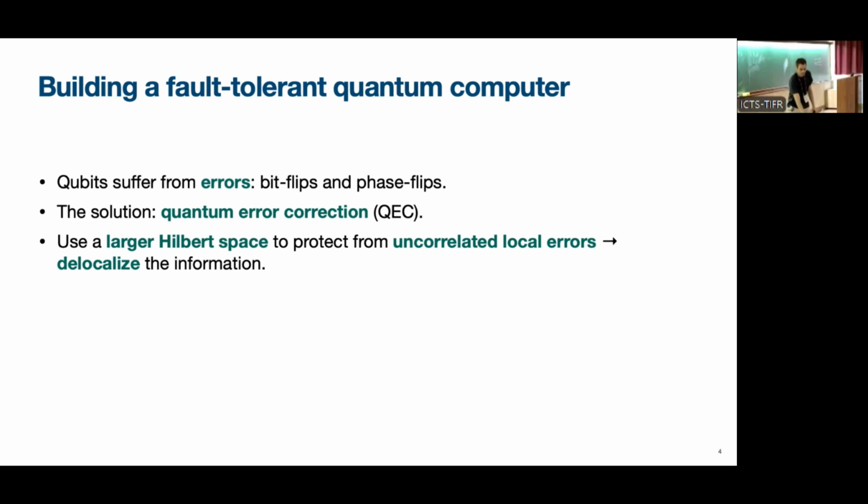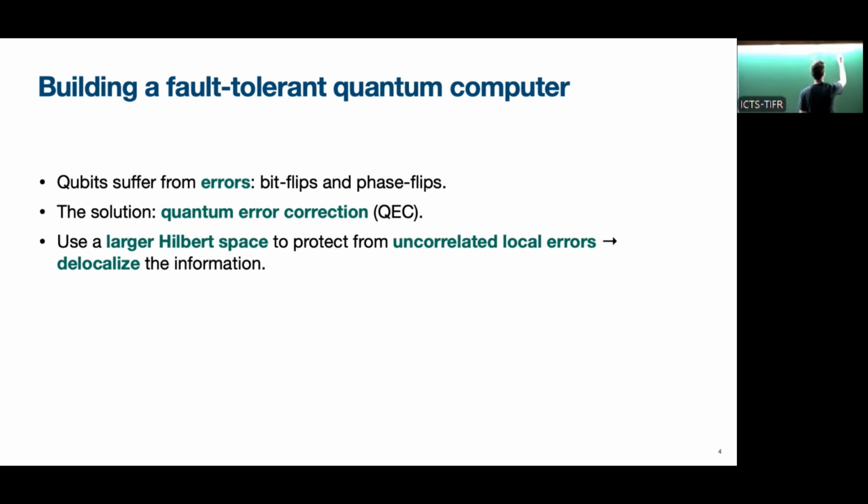A general way to phrase what quantum error correction does is that you are going to encode your information in a very large Hilbert space in which you have local and uncorrelated errors. By delocalizing your information, you're going to be able to protect it. The basic example: you have a qubit interacting with its environment, so it has bit flip and phase flip errors on the Bloch sphere.